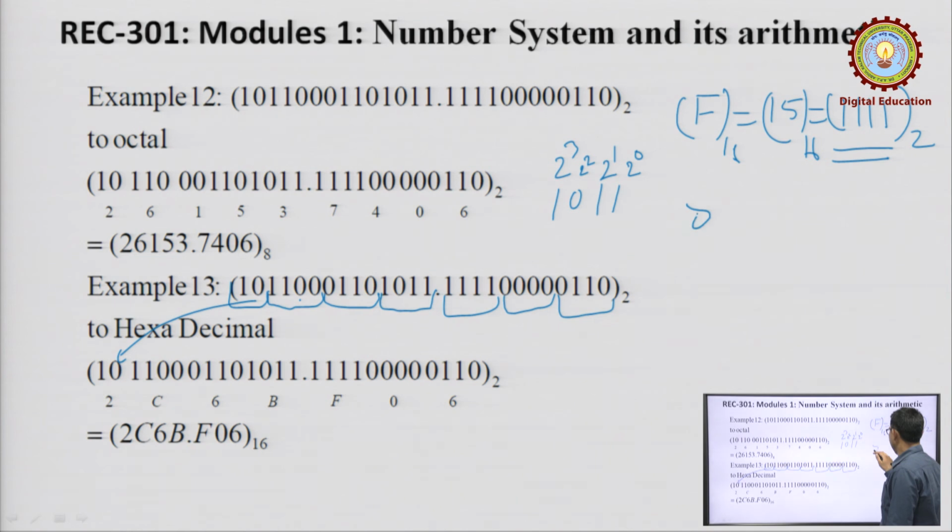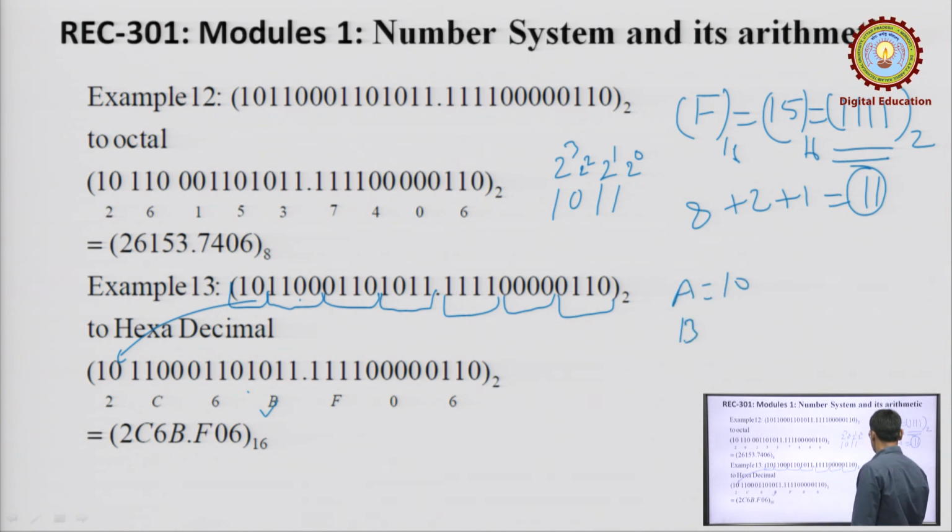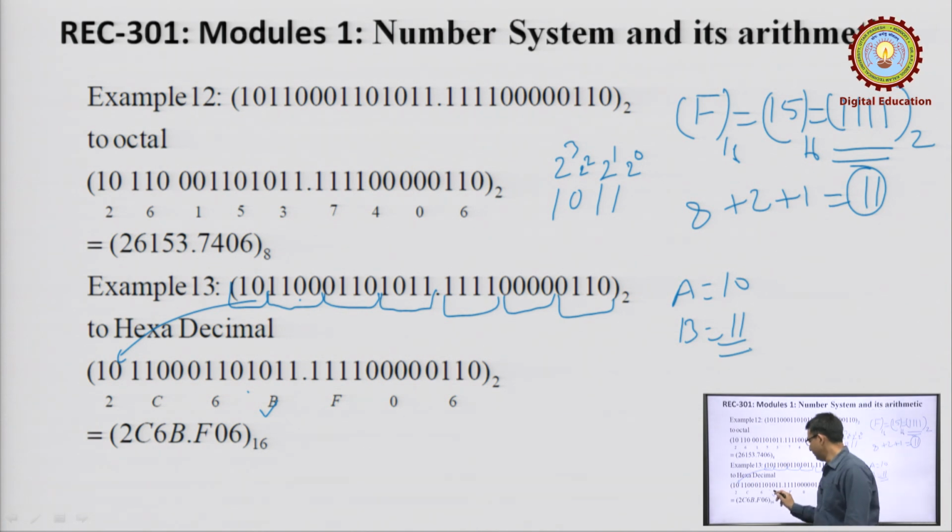So this is 8 plus 2 plus 1 is equal to 11. Okay, and 11 is what? 11 is just B, because A is equal to 10 and B is equal to 11 in hexadecimal number. So this is B.